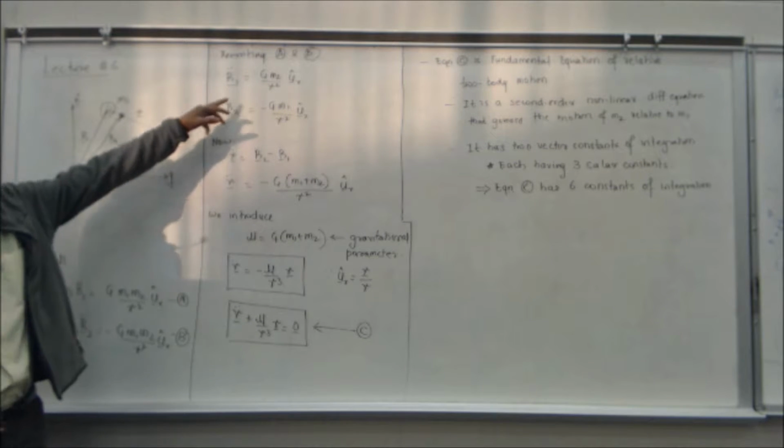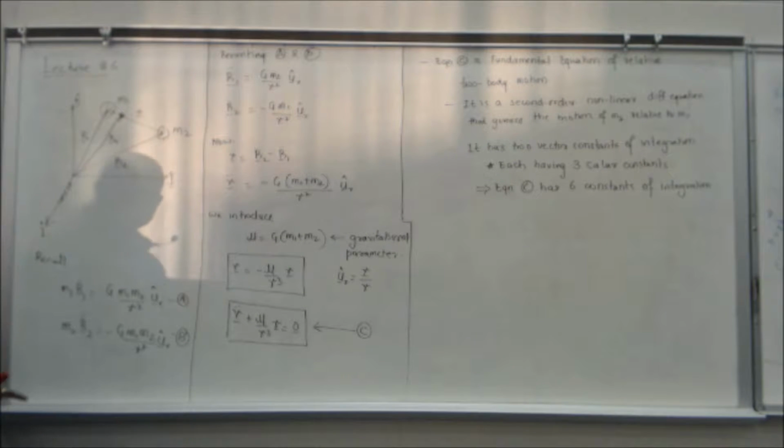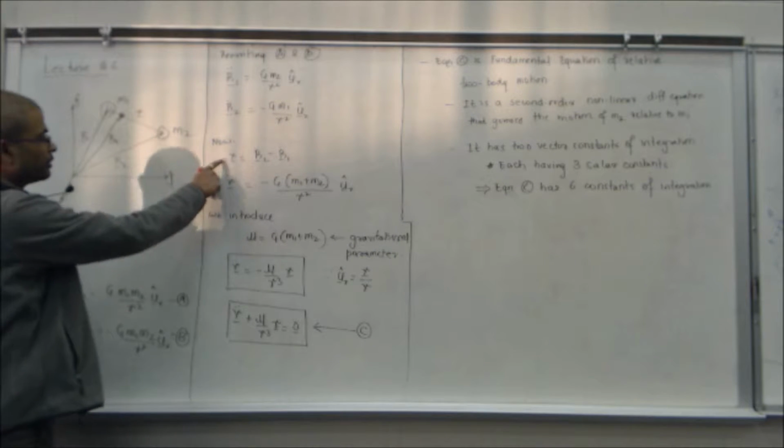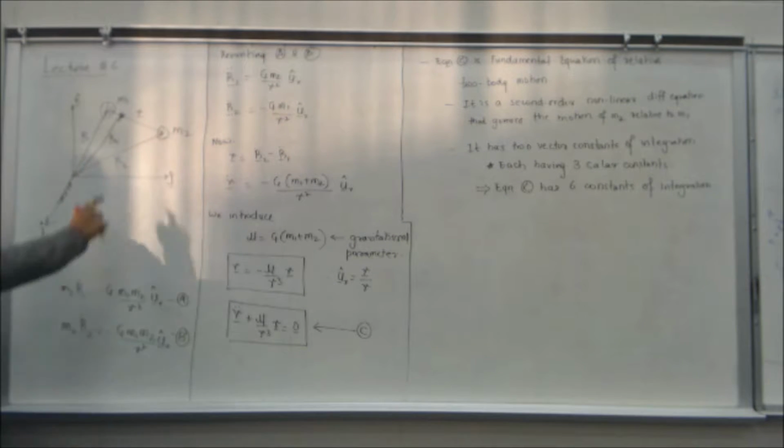Now, these two are obtained simply by dividing, cancel m1 on this side for equation A and m2 for equation B, right? You can do that. And R, the relative position of m2 with respect to m1. You see that? Small r, vector small r, is the relative position of m2 with respect to m1.